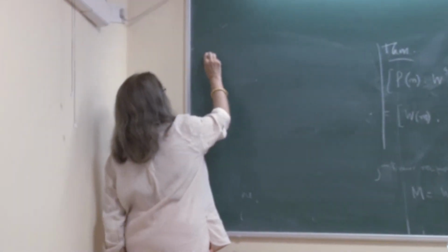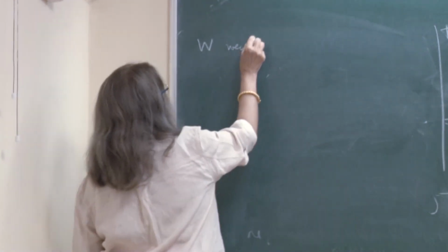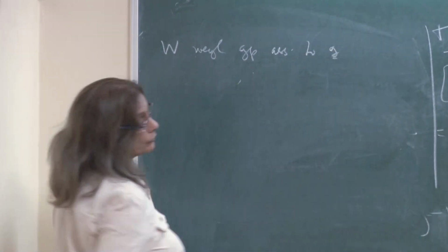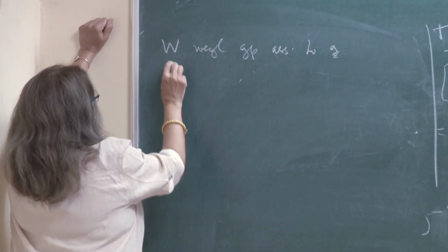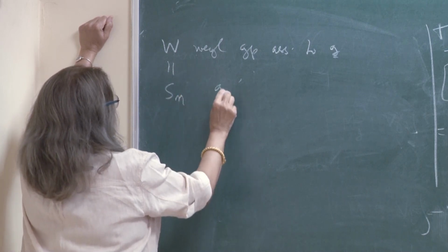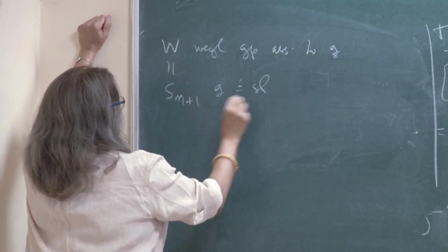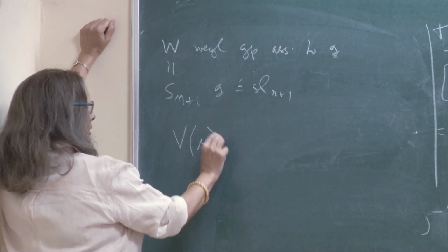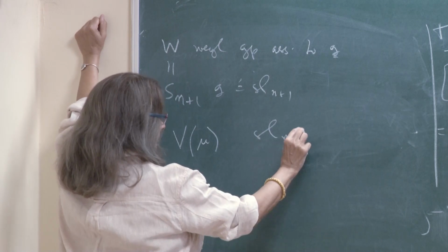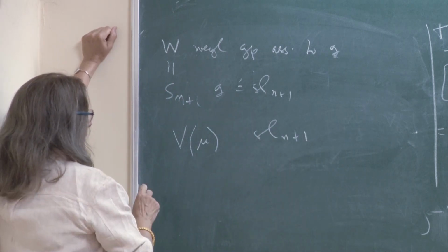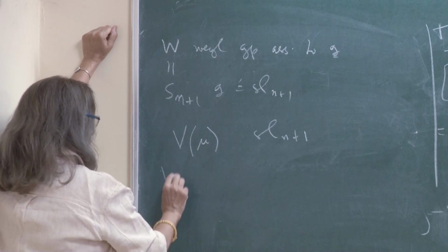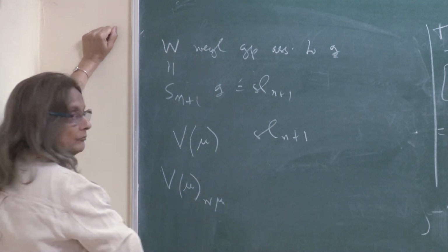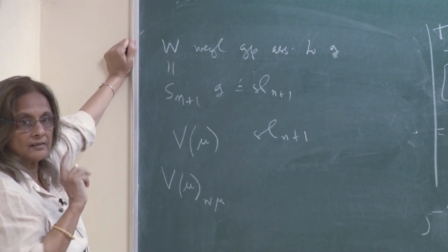So we have a Weyl group W associated to G. For SL2, it's just the symmetric group on two letters. For SL_{n+1}, this is S_{n+1}. Now if I take my irreducible representation V_mu for SL_{n+1}, then I can talk about V_mu and W_mu. So there's a Weyl group action on the set of weights.